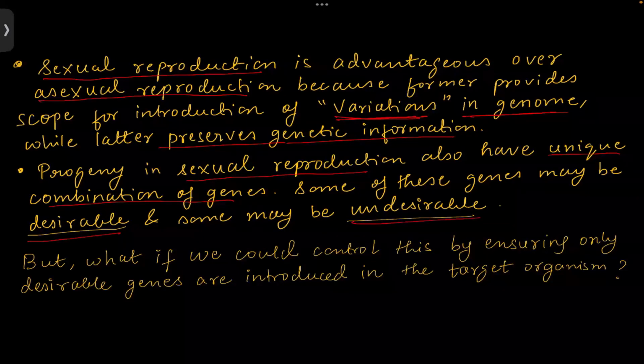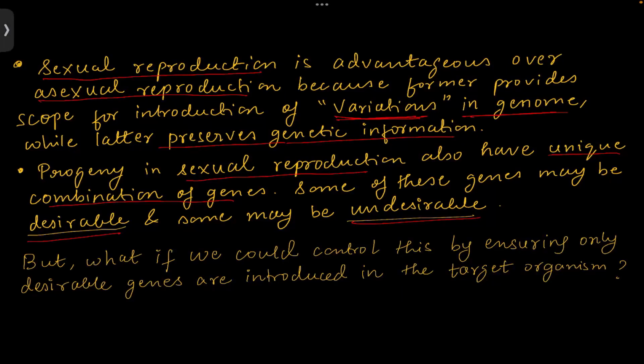But when people are trying to create a hybrid, so genetically modified organisms, they only want those characteristics which are desirable. Like they want crops which are resistant to pests, resistant to drought, or which give fruits which have longer shelf life. These kinds of characters are desirable.